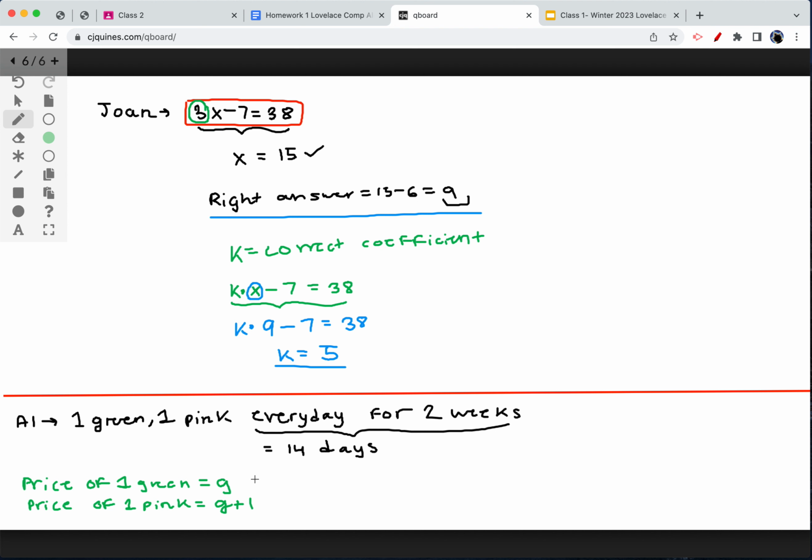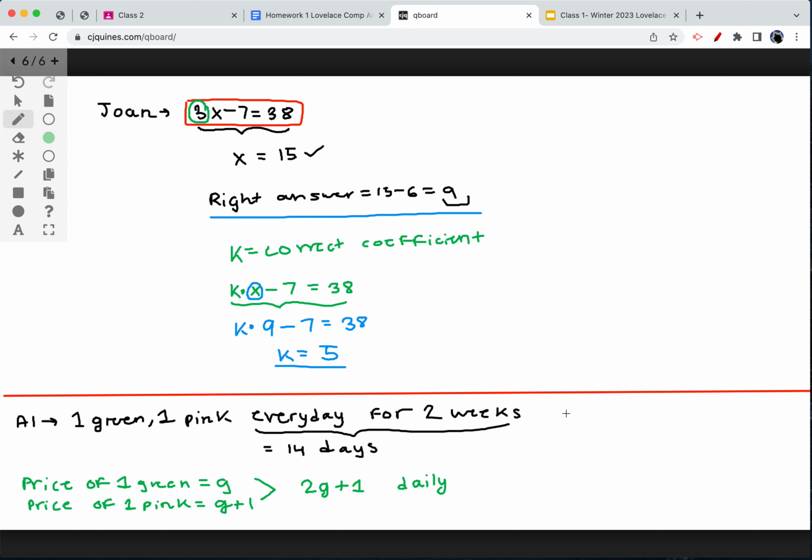So here, we know that Al eats one green and one pink pill every day. So if the price of one green pill is G, and the price of one pink pill is G plus 1, then we spend $2G plus $1 every day on Al's pills. So 2G plus 1 on a single day. And we know Al does this for 14 days.